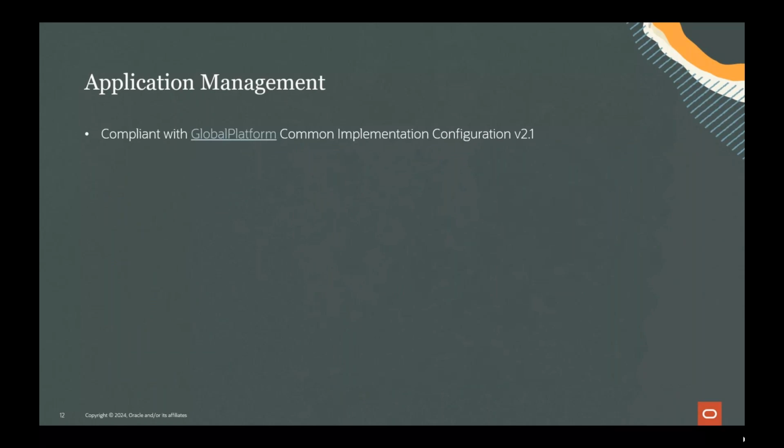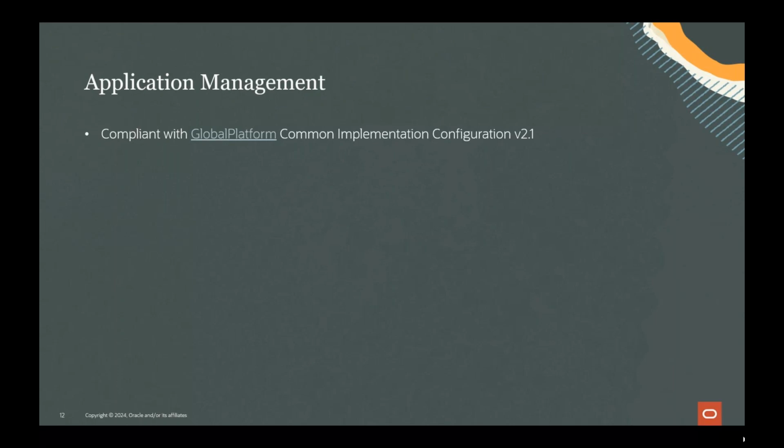So then application management. How an application is deployed has really specific implications for both its development and testing. And because of this, the development kit not only supports the JavaCard framework, but also provides support for GlobalPlatform, which is today the industry-leading standard for application management in secure elements.